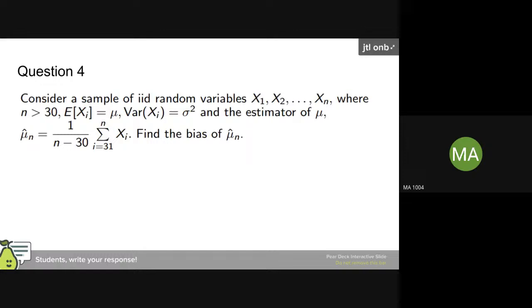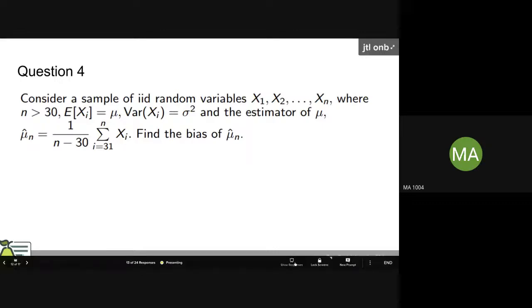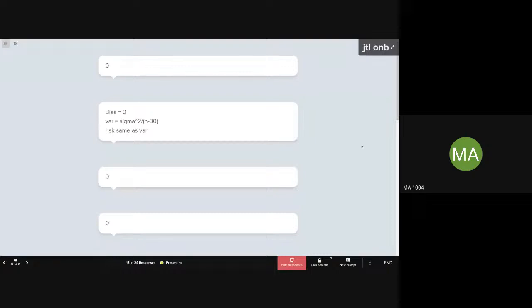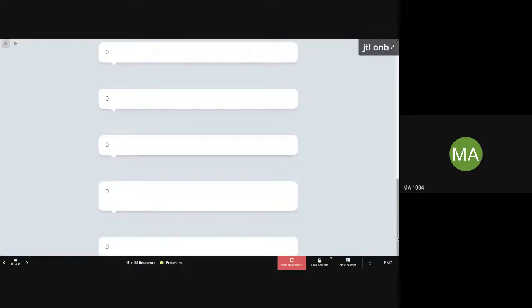So try to get the expectation of mu n hat. Okay, let us see. I got decent enough values. Most of you have given 0, correct.